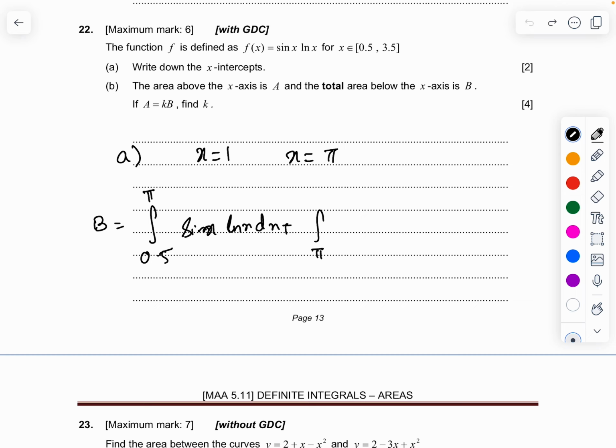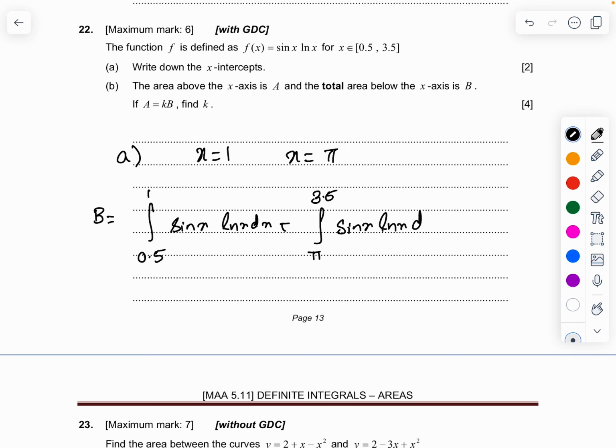And let me write neatly there. When you draw the graph, you can see that area of B will be equal to the integral 0.52 to 1 sin x ln x dx plus pi to 3.5 sin x ln x dx.